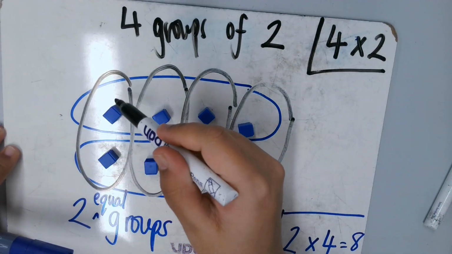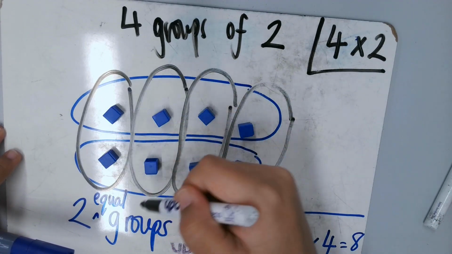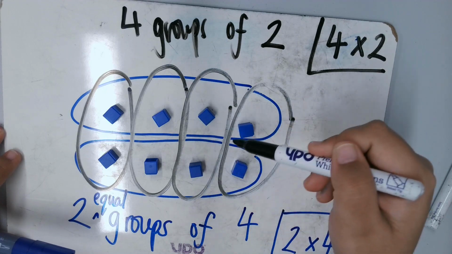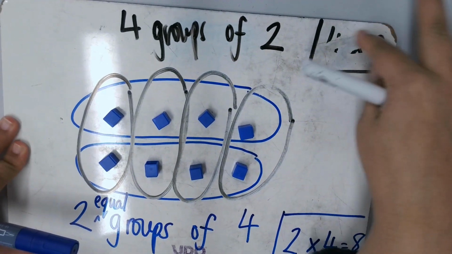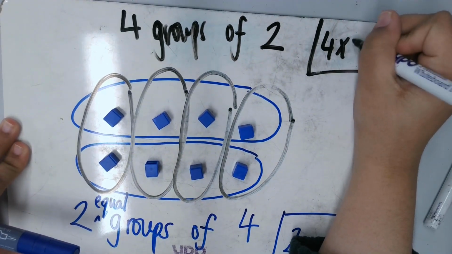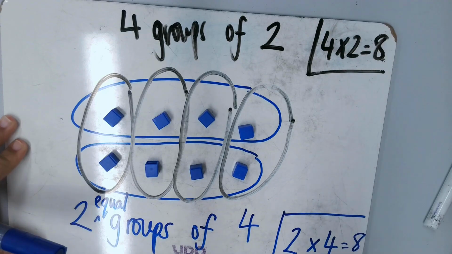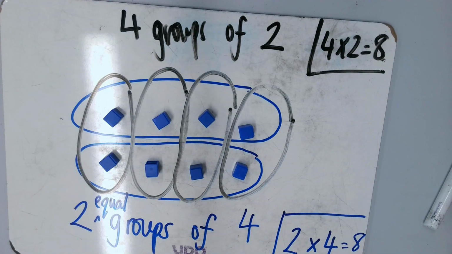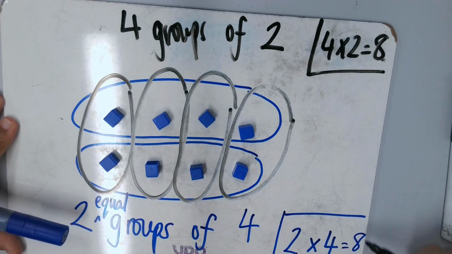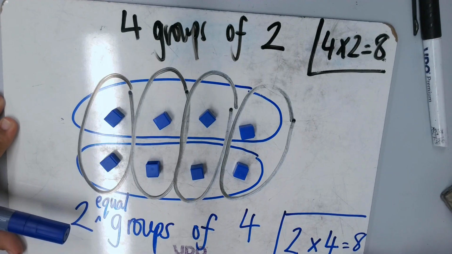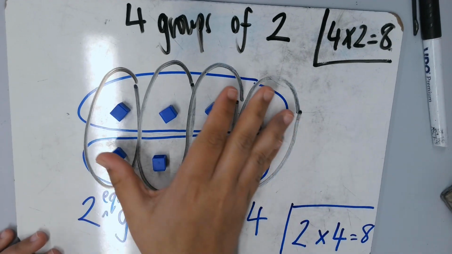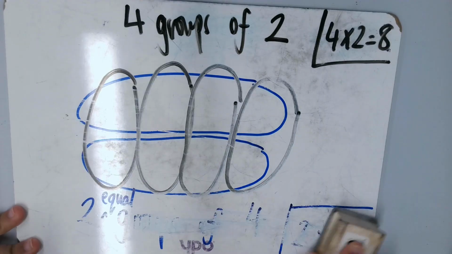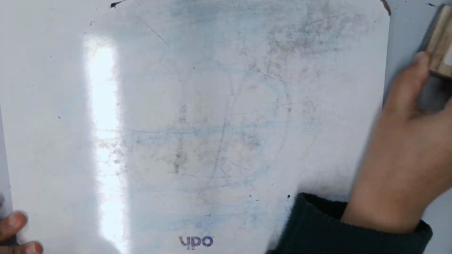If I'm looking at my columns, I've got 1, 2, 3, 4, 5, 6, 7, 8. I'm just going to write that again. 4 multiplied by 2 is 8. Very interesting. My whole stays the same. There's actually another thing I've noticed here. I'm just going to move all of this and write it again just so you can see it.